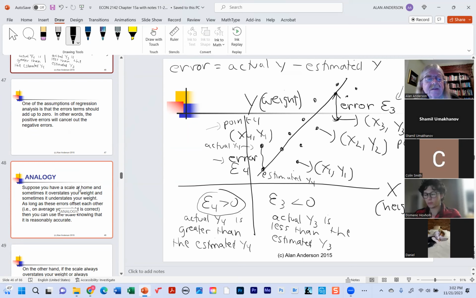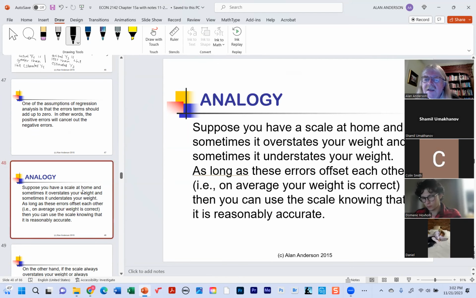Now, I came up with this analogy this morning and I added it to the notes. Suppose you have a scale at home and it's not perfect. Sometimes it overstates your weight and sometimes it understates your weight. It's a mechanical device, it's not perfect. As long as these errors offset each other, meaning that sometimes it's a little too high, sometimes a little too low, but on average it's correct, you can use the scale knowing that it is reasonably accurate.